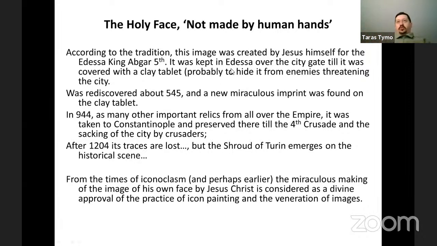Then we know this image was lost, was rediscovered, and then in 944, this image was transferred to Constantinople, taken from Edessa, where it was preserved as the most sacred relic for the city, but Byzantine emperors had this policy of bringing all the relics from all over the empire into Constantinople.